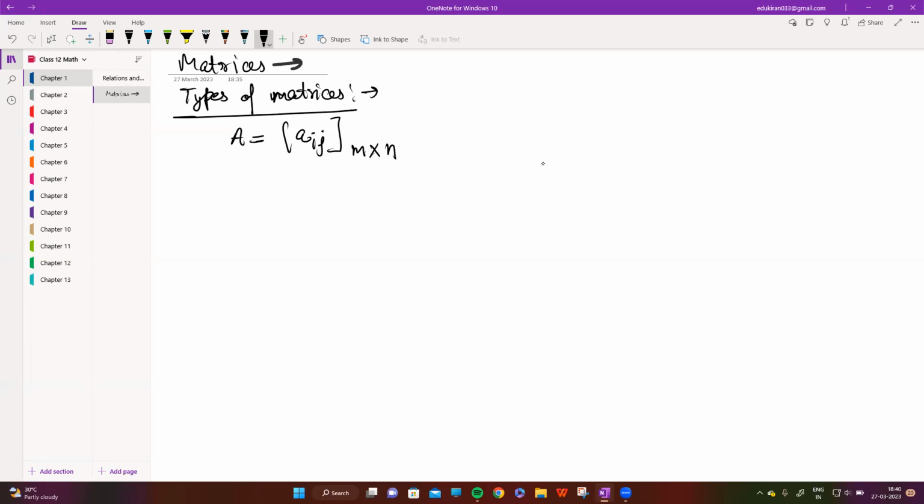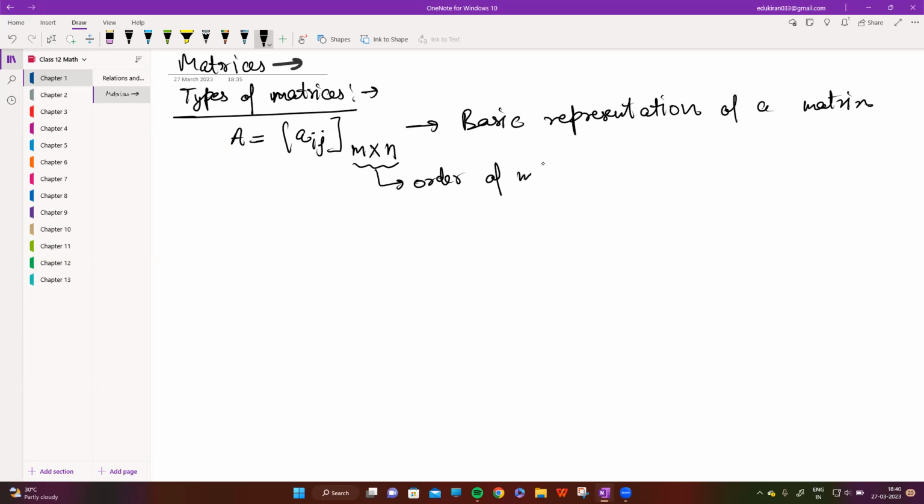This was our basic representation of a matrix, where m cross n is read as the order of the matrix, A is the name of the matrix, and Aij is the element of the matrix.